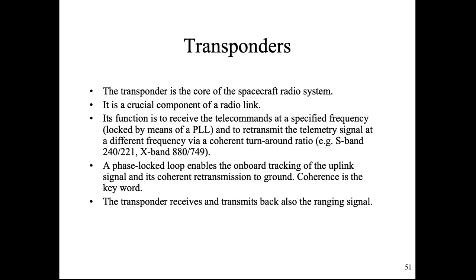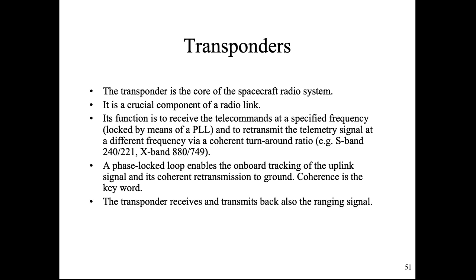The transponder essentially receives the weak signal coming from the ground antenna, decodes telecommands, encodes the telemetry in the downlink, and provides a radio signal, a carrier in the downlink, which is phase coherent with the uplink.